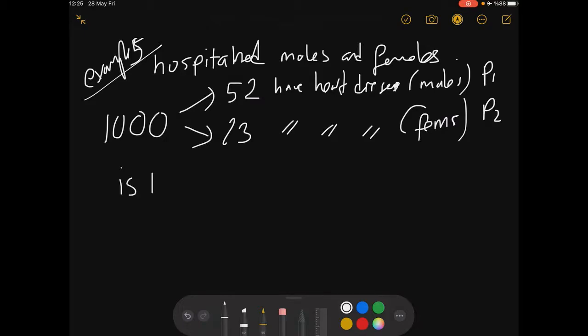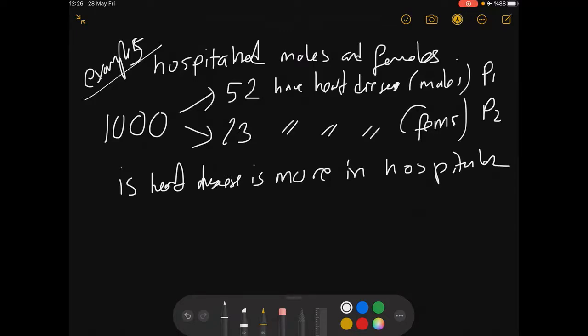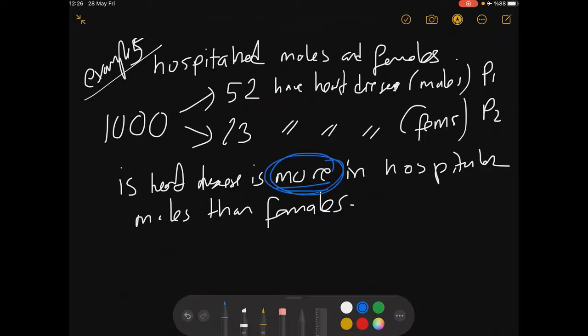Okay, is heart disease more in hospitalized males than females? There are some crucial words here. We need to focus on this, but I will talk about this word hospitalized later as well.